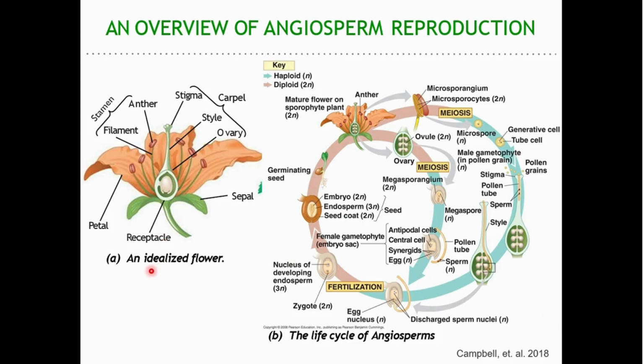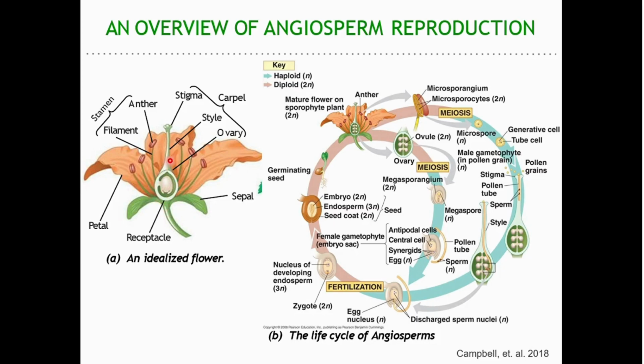So, an overview of angiosperm reproduction. As shown in this figure A, is an idealized flower. The labels are the structures of the flower. This part is called sepal, and then there are petals of the flower, and the lower part is called receptacle.